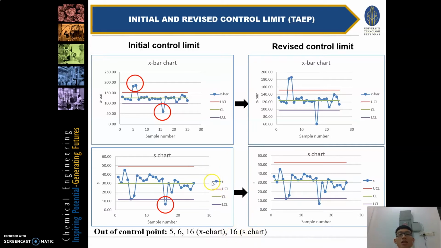So we will then eliminate these data points from the calculation for both the X bar chart and the S chart, and we'll assume that the assignable cause has been found. After this, the revised control limit will be checked for whether there are any new data points out of control. If there are no new data points out of control, then we can proceed with monitoring purposes in phase 2.